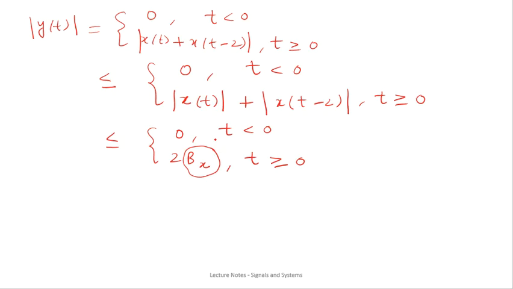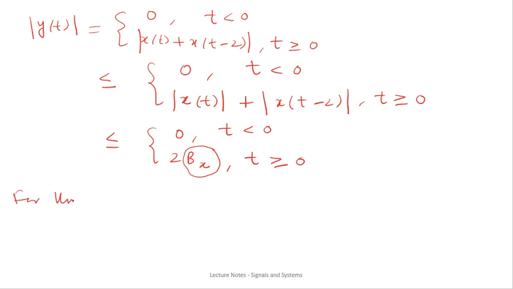We have seen here that the output is coming as twice bx, so this will also be bounded. That means it is following the condition of stability, and this means that the given system is stable.